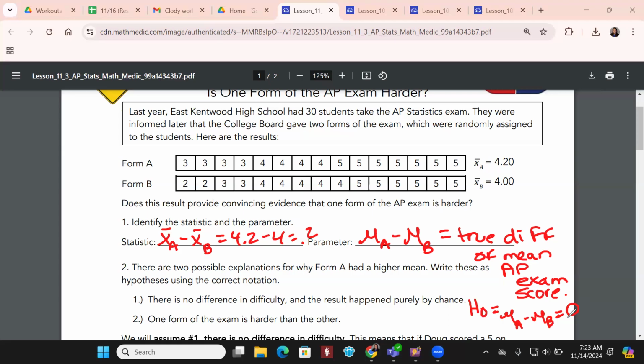Or the alternative is that one form of the exam is harder than the other. So the alternative is mu A minus mu B does not equal 0.